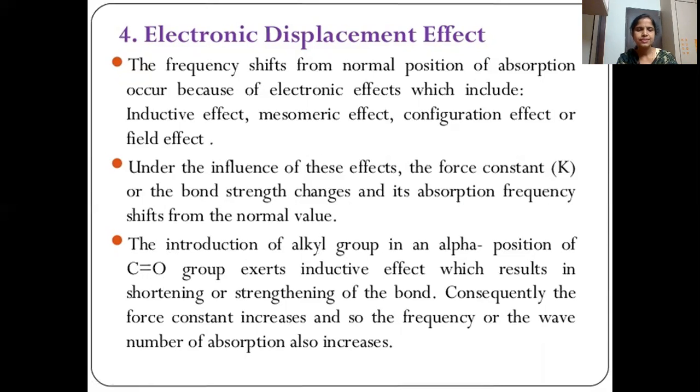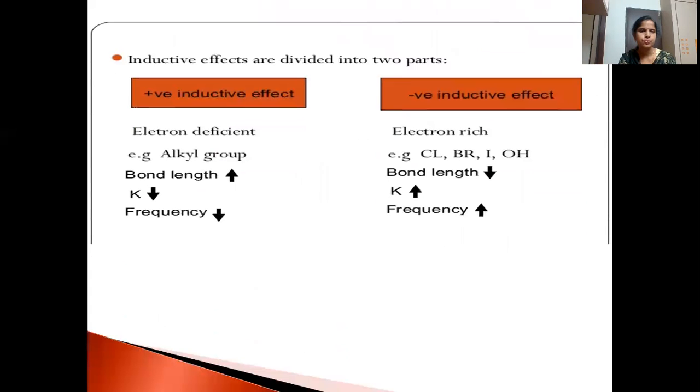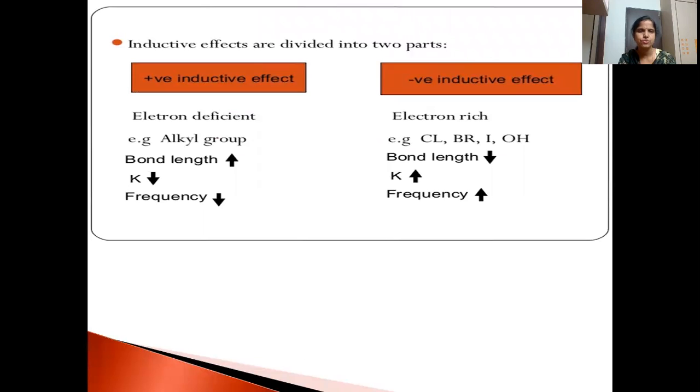So when bond length decreases, a high amount of energy is required to break the bond. That is, the force constant is more. So when the force constant increases, the absorption frequency also increases. That is the case of the alkyl group acting as a plus I group, that is, releasing the electrons.